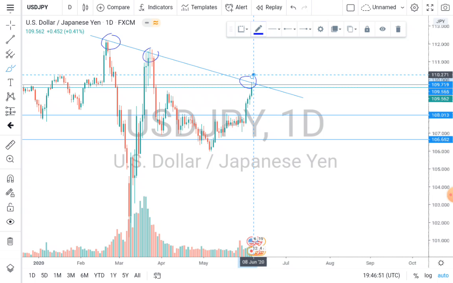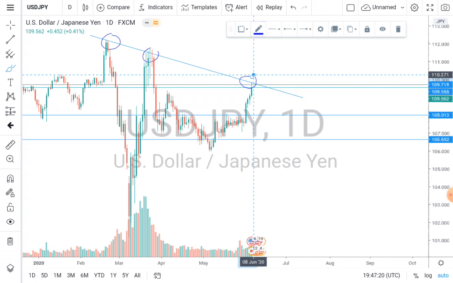English is not our mother tongue language, sorry about that. So you can see that we're having a third touch bounce from that sideway resistance. So it confirms a third lower high, and also it's at the resistance level.